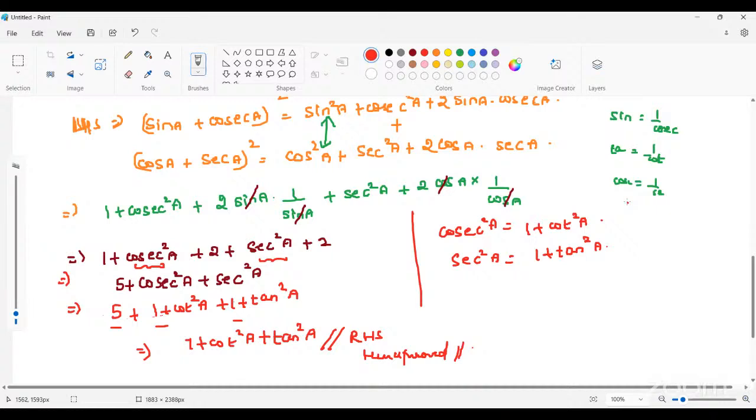Any doubt? Put it in the WhatsApp. Put it in the chat box.